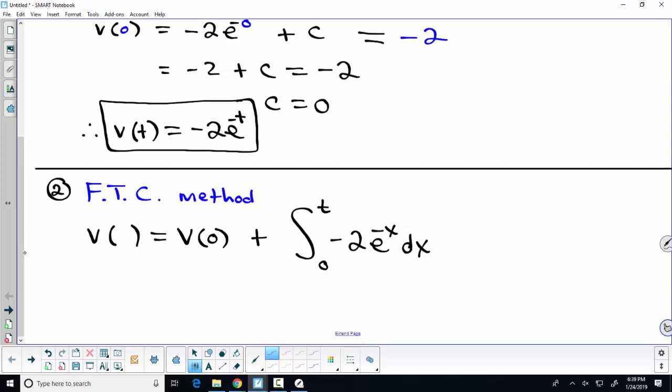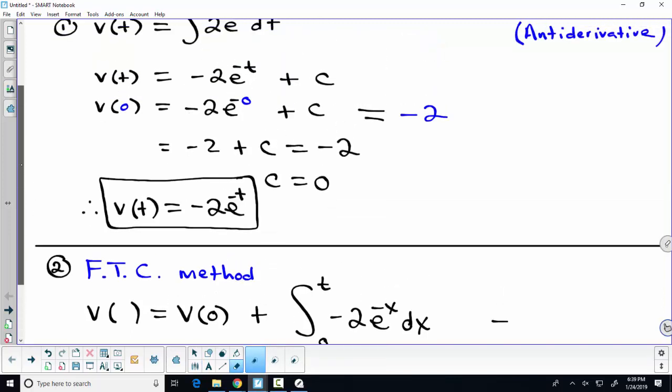So it's a dummy variable because the bounds we're using for x are going from 0 to t. So when we find this function, it's going to be an antiderivative in terms of x, but then we're plugging these bounds in, which forces it to turn into a function of t. So if we use t here already, then we would have, sorry, let me just make sure I wrote that down.